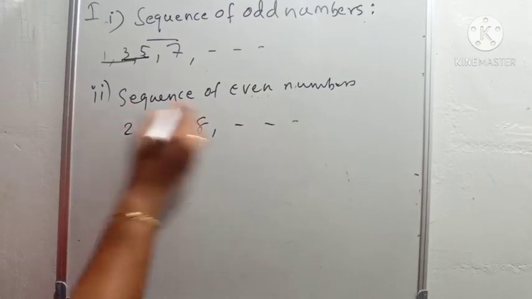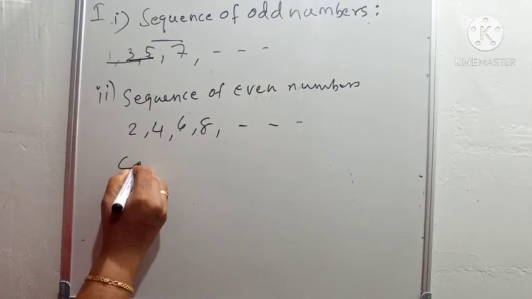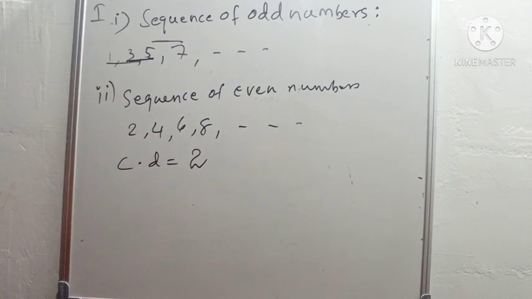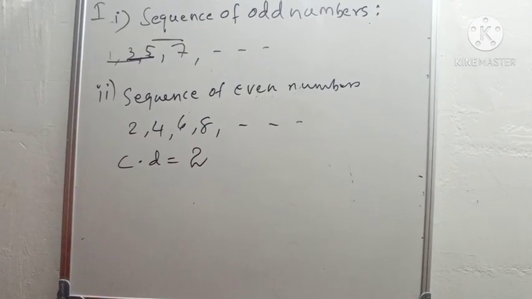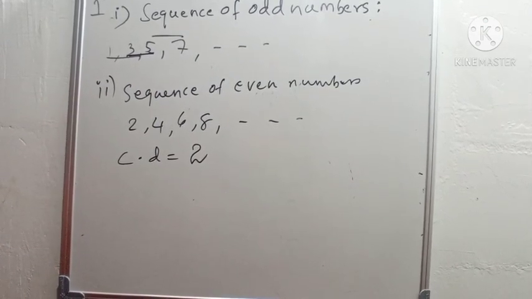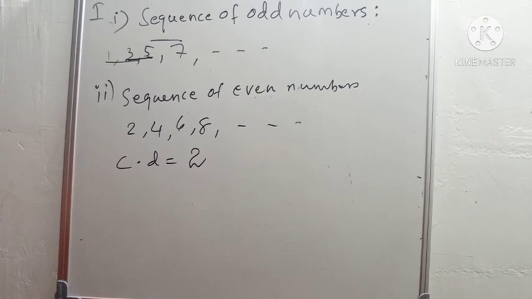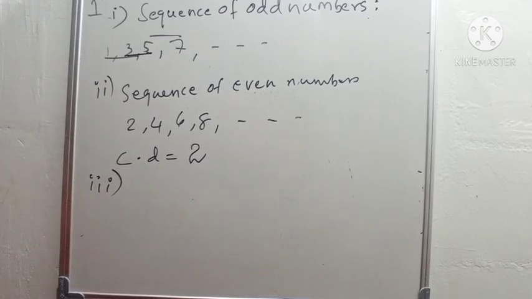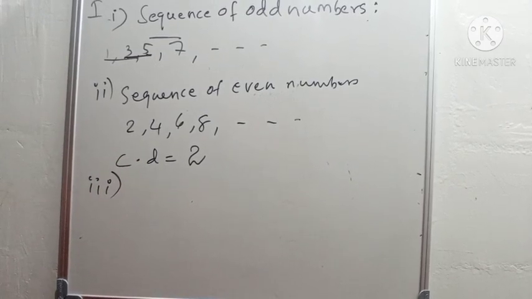Okay, so this one is an arithmetic sequence and the common difference here is 2. Okay, then next is the third sub question, sequence of fractions.